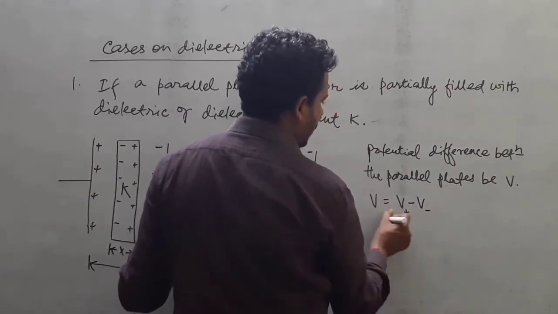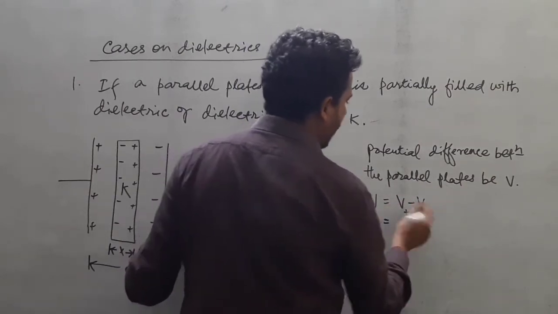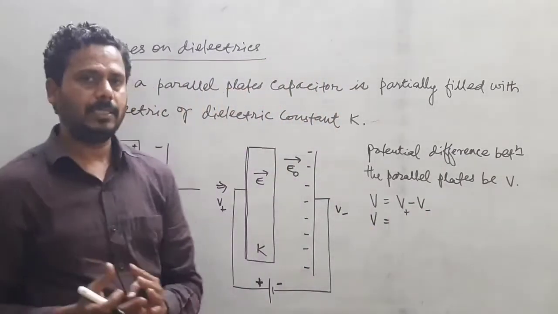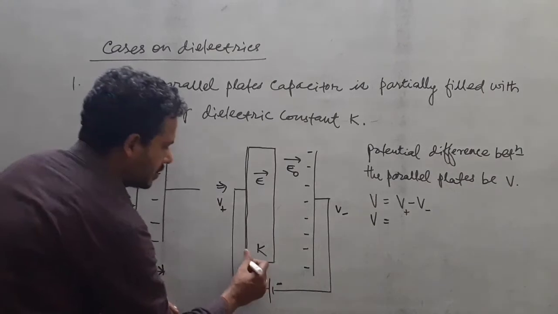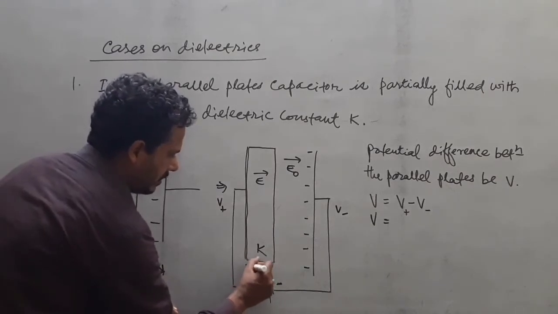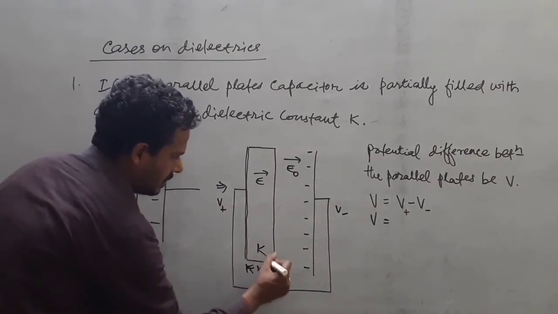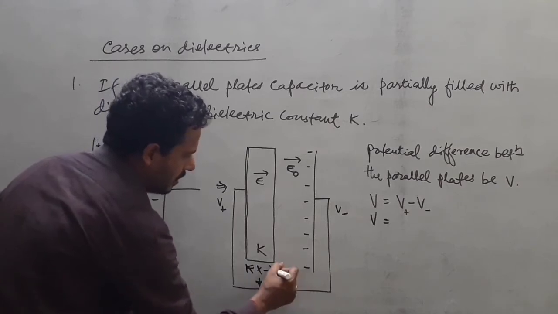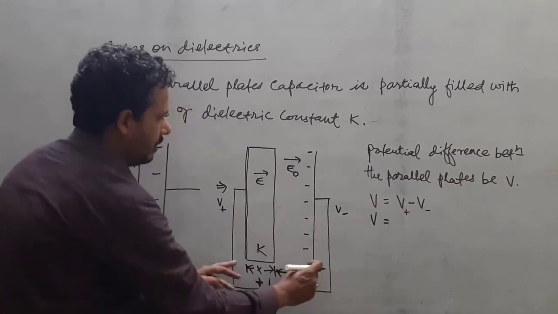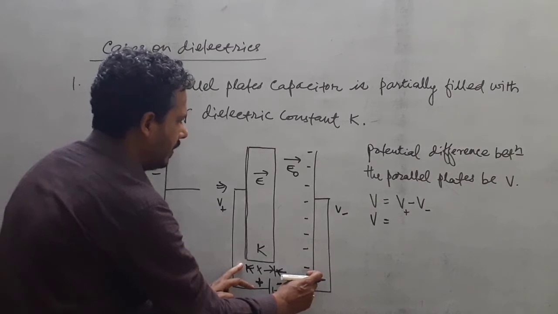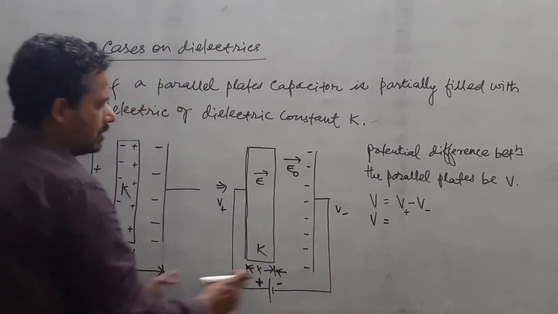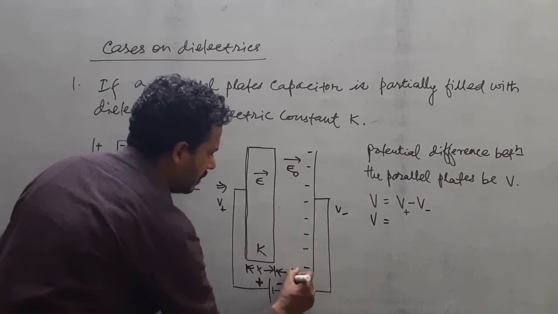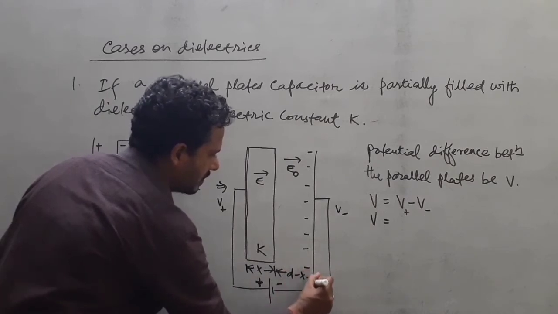You know a relation between electric field and potential, that V is equal to E d. You know the thickness of this dielectric is X. So how much is the thickness of this free space? The net distance between the parallel plates is D, so this one is D minus X.